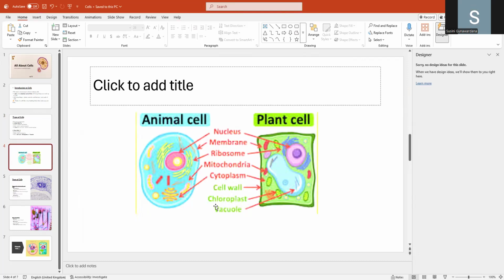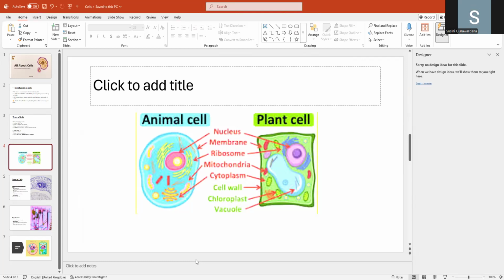Here, I have shown an animal cell and a plant cell. If you go through it clearly, you can see there is a nucleus, membrane or cell membrane, and there are ribosomes, mitochondria, cytoplasm, cell wall, chloroplast, and vacuole.